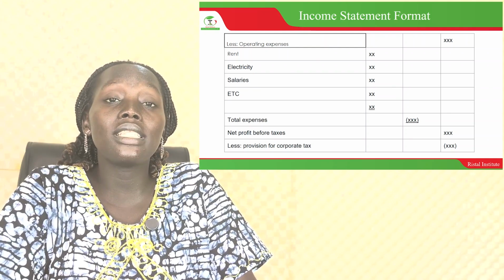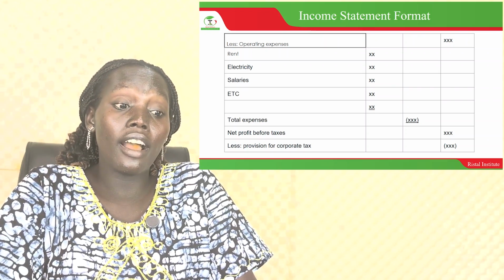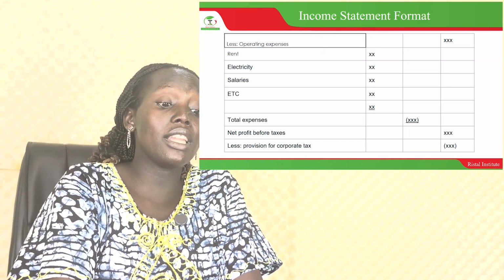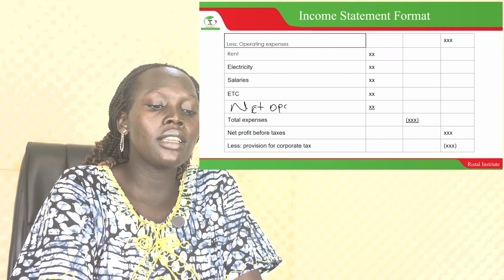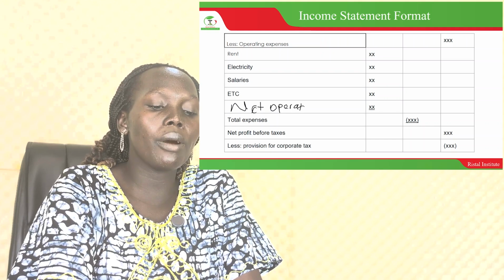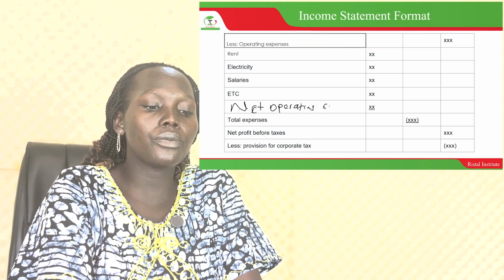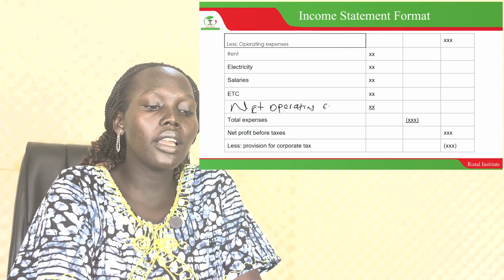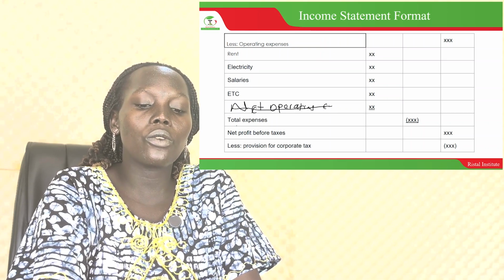So you identify your operating expenses and you get the total. We call it net operating expenses. We get the total expenses.